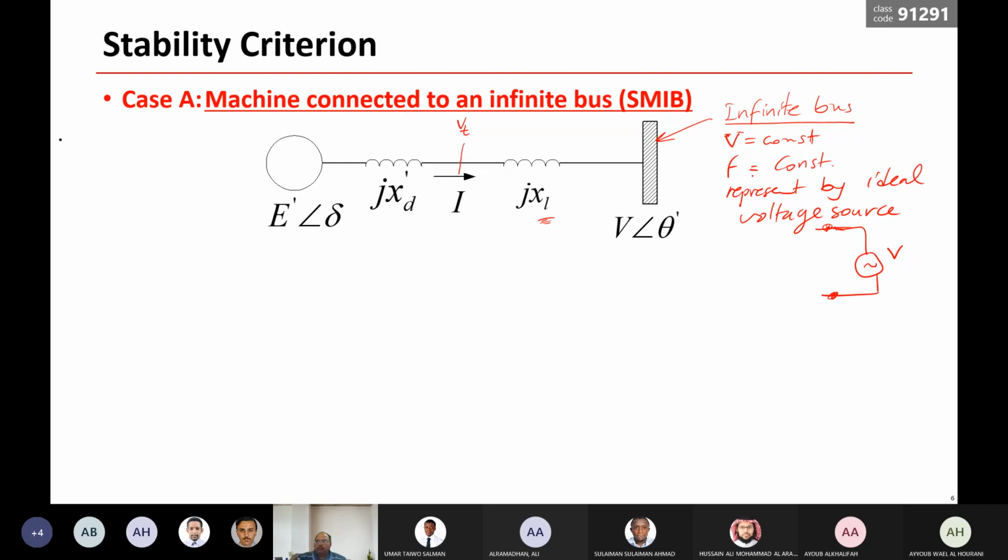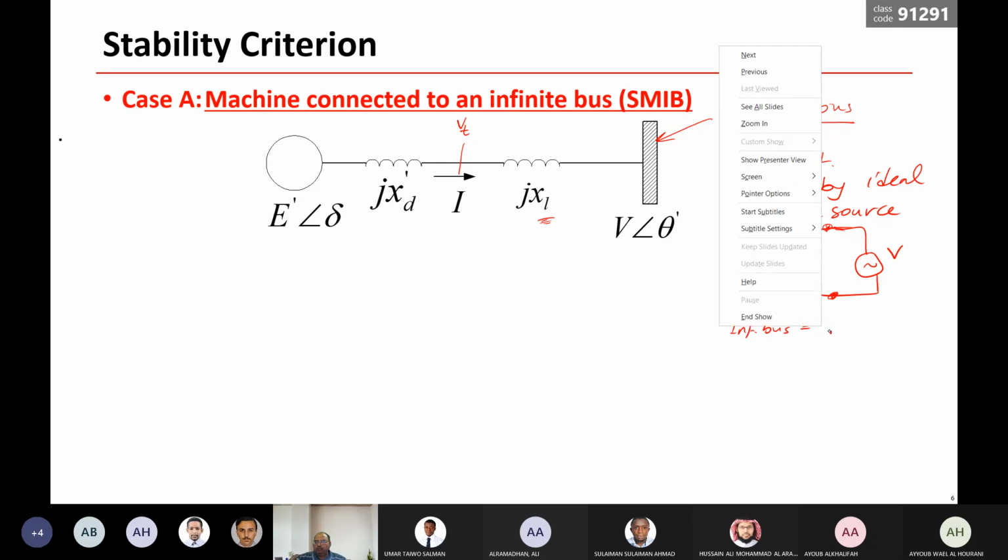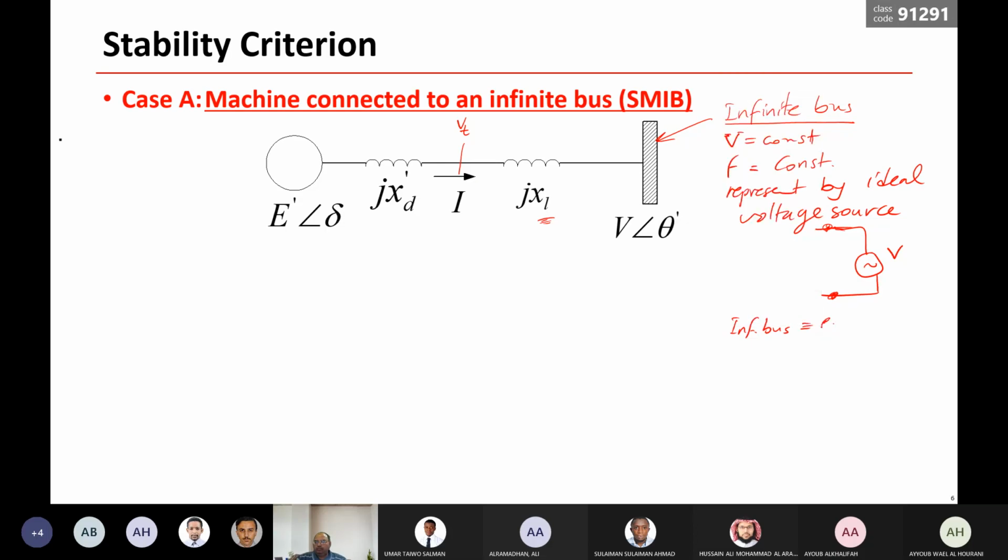The infinite bus represents, is equivalent to, the rest of the system.